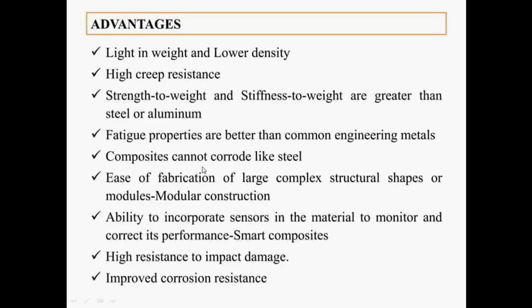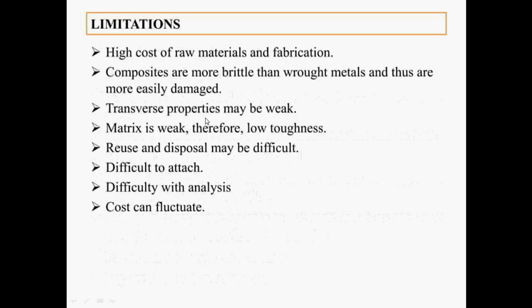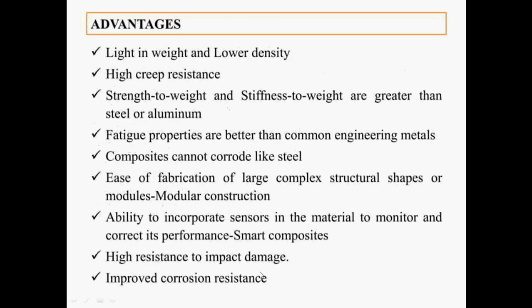Also, composites cannot corrode like steel. Ease of fabrication, so large structural applications or large shapes we can mold as per the requirement, and easily formulate. Then ability to incorporate sensors, so we can easily monitor the performance using smart composites. Then high resistance to impact damage, and improved corrosion resistance. So these are the advantages we are discussing here.